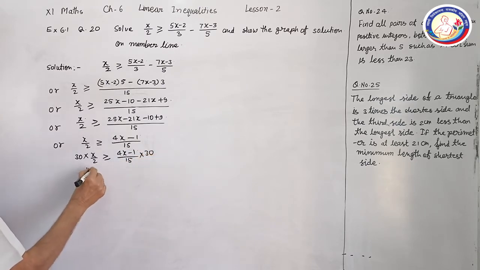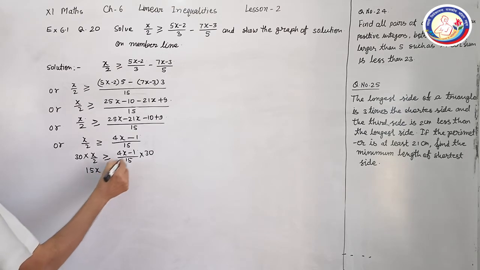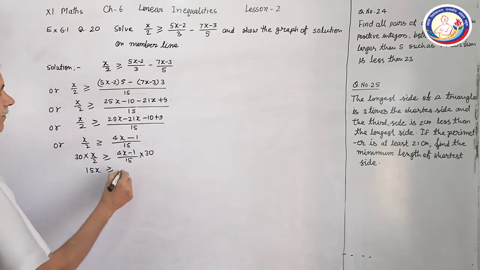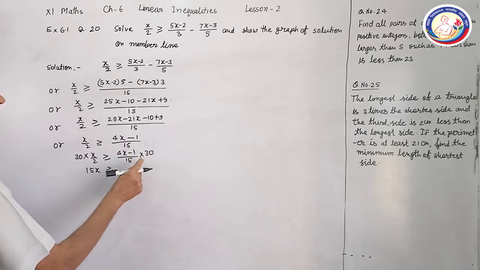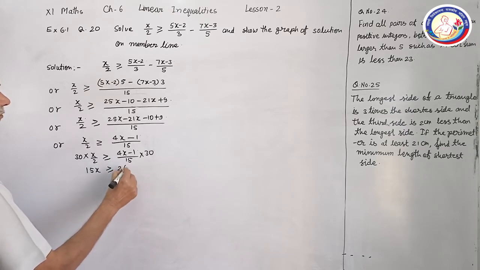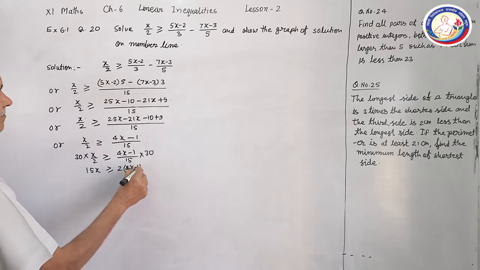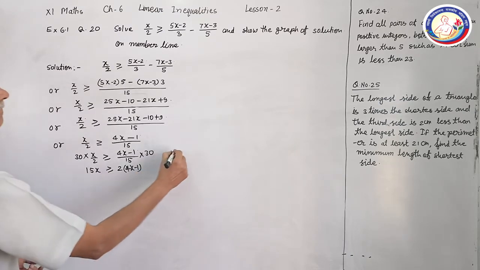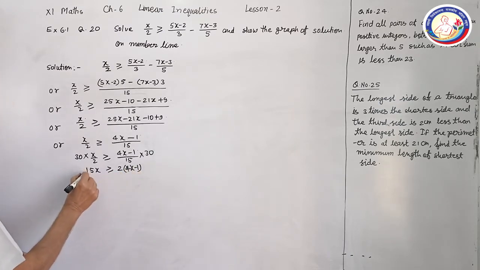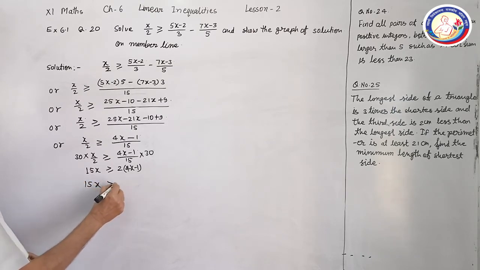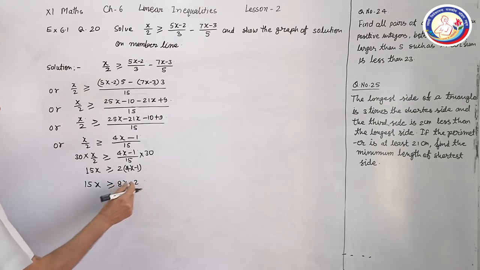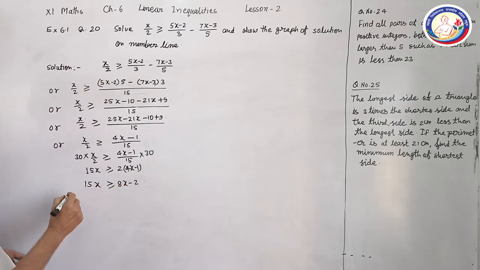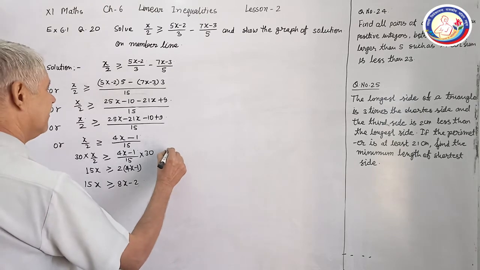We will get 15x is greater than or equal to 2 into 4x minus 1. So on simplification, we shall get 15x is greater than or equal to 8x minus 2.